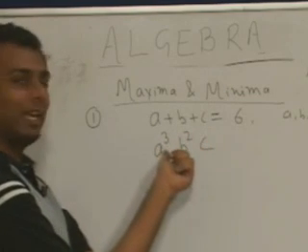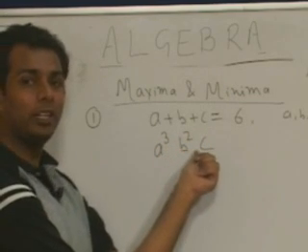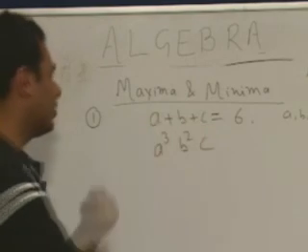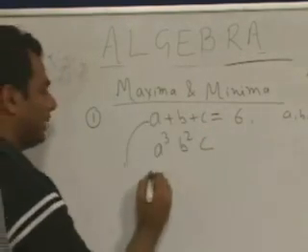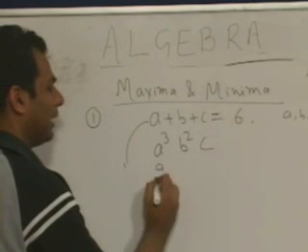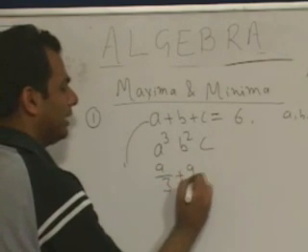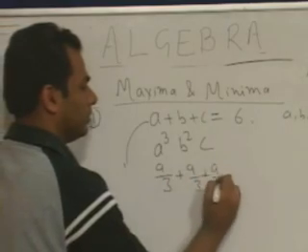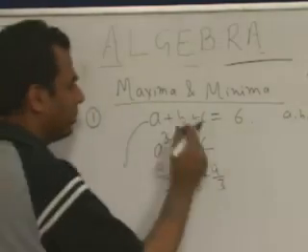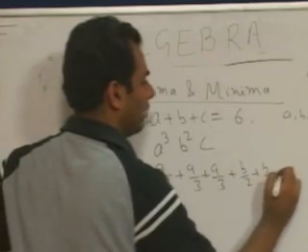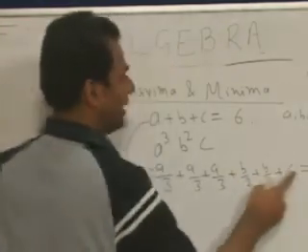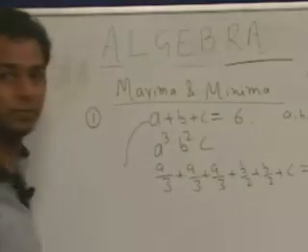This is a into a into a into b into b into c. So in this case, since the power of a is 3, divide a into 3 parts. Write a as a by 3 plus a by 3 plus a by 3, and b as b by 2 plus b by 2, and plus c, which is equal to 6. Why c? Because the power of c is 1.